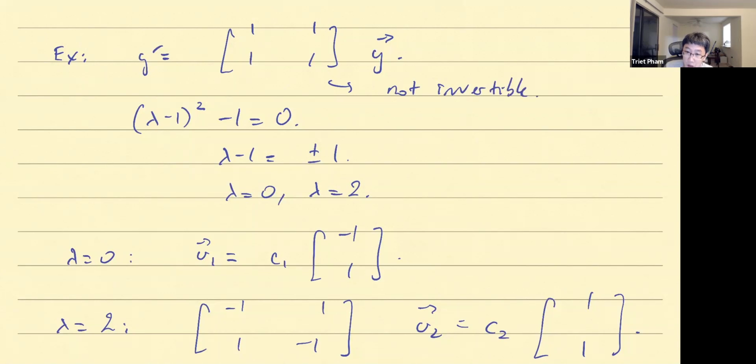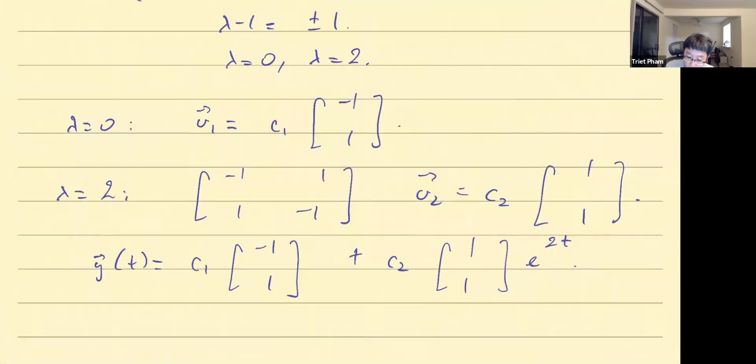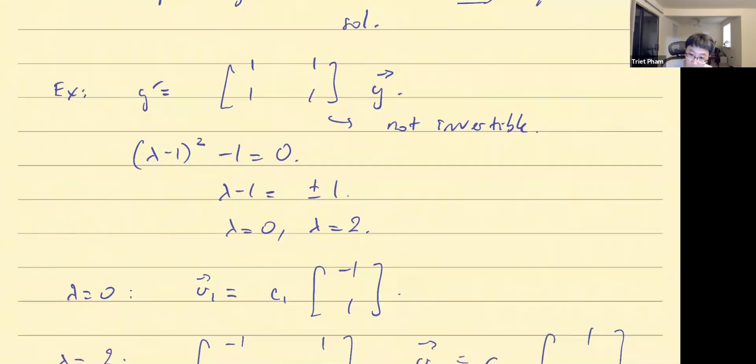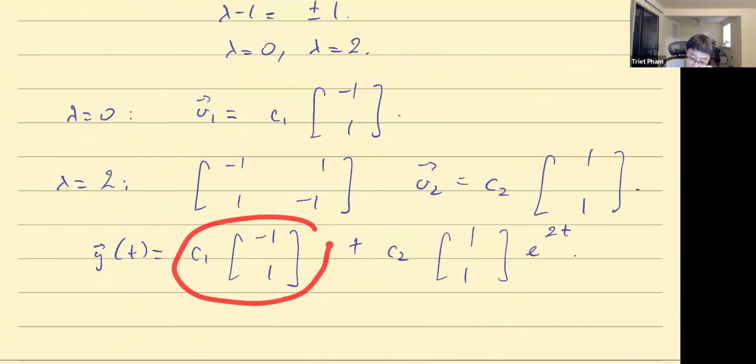So what is an equilibrium solution? The equilibrium solutions are the ones that solve for Ay equal to 0. And so, for example, here, how many solutions do we have for Ay equal to 0? Well, the answer is right here. Infinitely many.